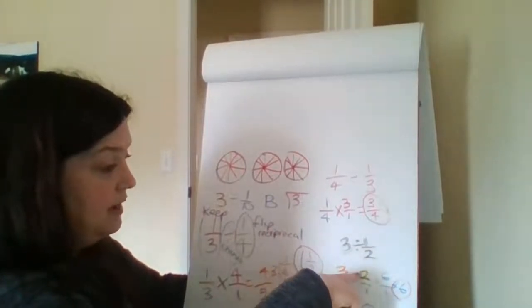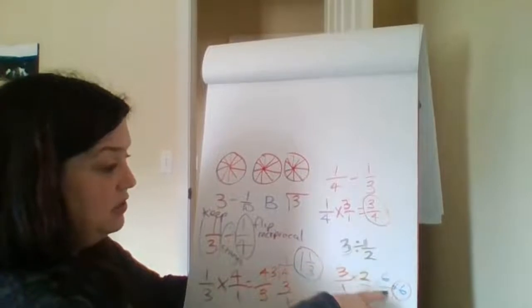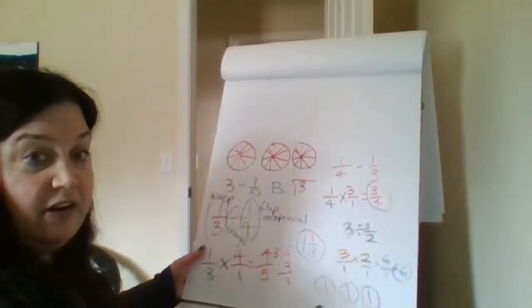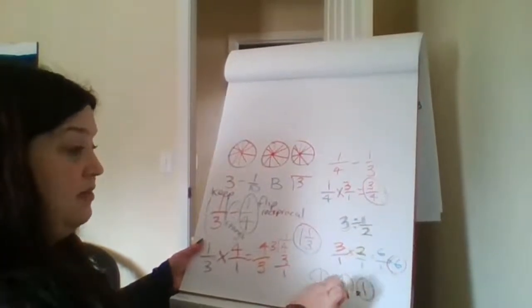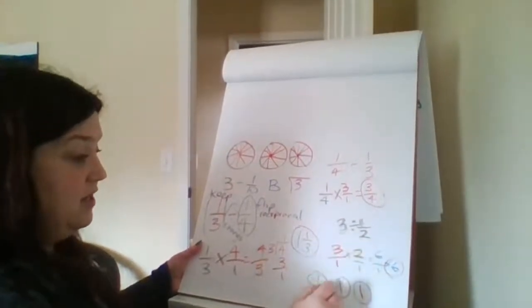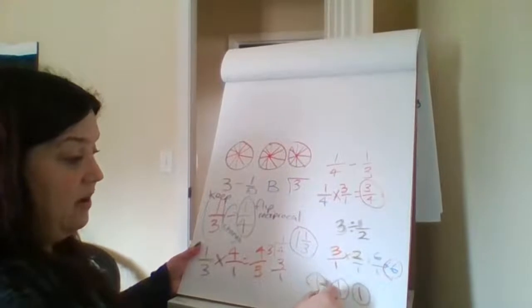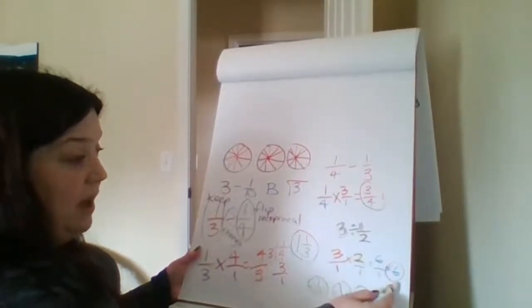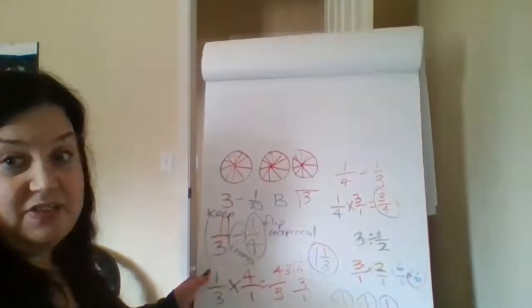Then we multiply 3 times 2 is 6. 1 times 1 is 1, which gives us the whole number 6. And then down here, I made 3 circles, divided them each in half, and we found out there was 6 of them. So we can do it mathematically, or we can figure out things visually still too.